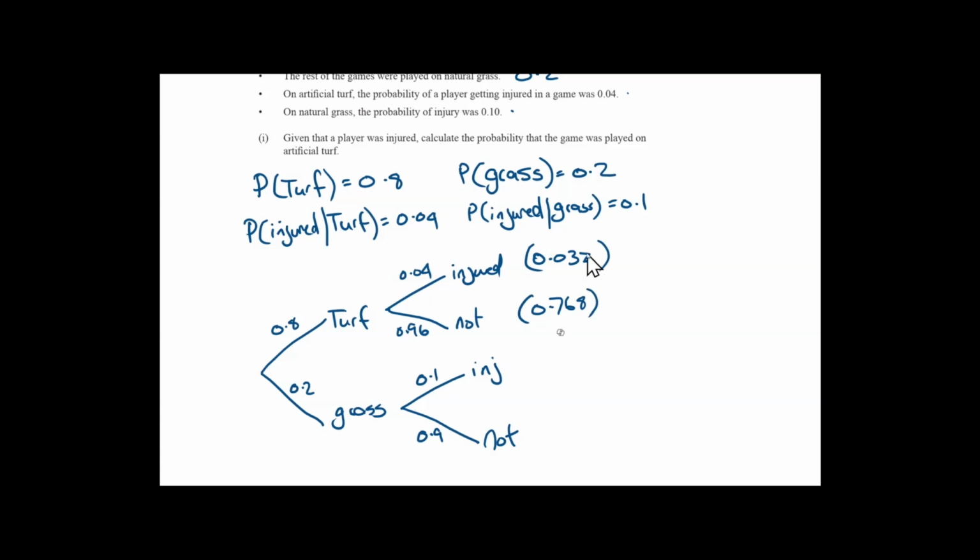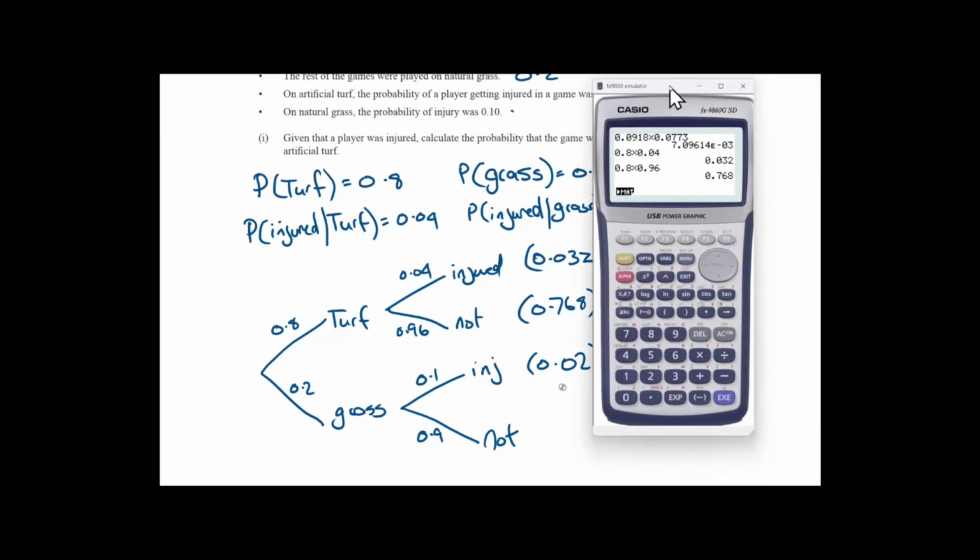Right, and this is going to be 0.02, and this is going to be 0.18, I think. 0.2 times 0.1 is 0.02, and 0.2 times 0.9 is 0.18.